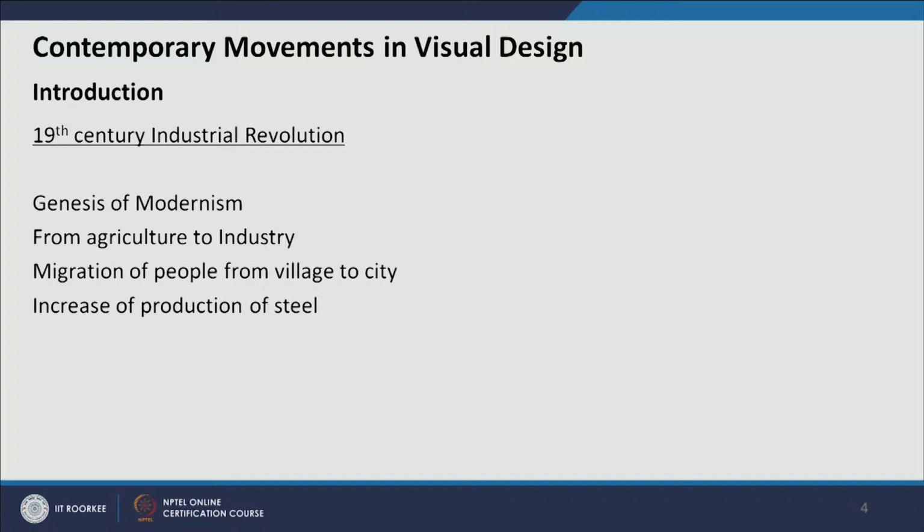We see a lot of influence of steel and glass, and high-rise buildings started evolving. Even in design, there was a lot of tessellation and different kinds of patterns, and machine-made and factory-made things appeared. After that, the concept of modular furniture and modular design started evolving. That we'll discuss gradually.